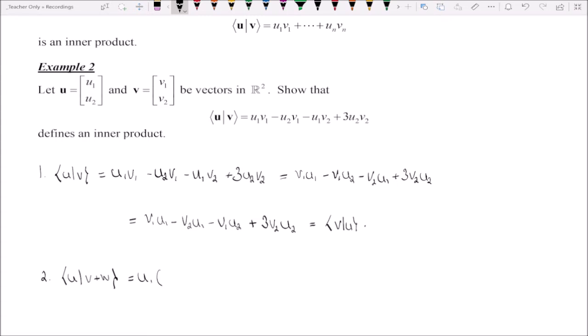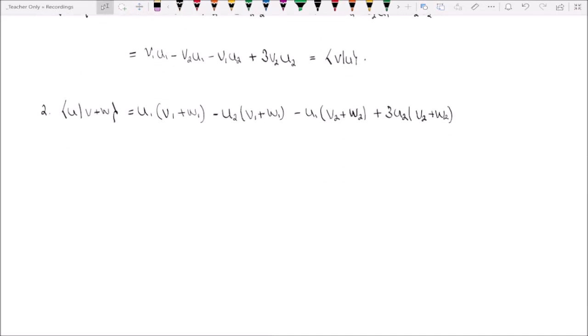So we get u1 times v1 plus w1, then minus u2 times v1 plus w1, minus u1 times v2 plus w2, plus 3u2 times v2 plus w2. Now, again, these are all real numbers, and we know that real number multiplication distributes across addition.